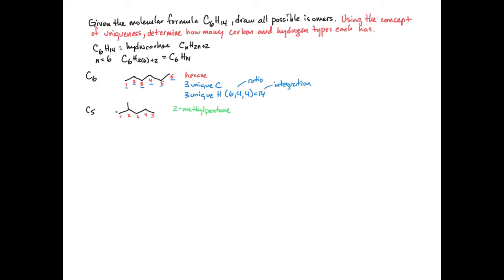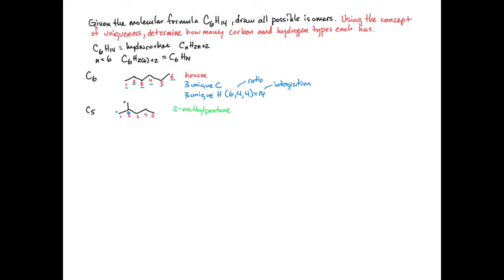So I'm just going to put a little dot there saying that's a unique carbon. We go to carbon 2. That just has a CH group connected to 3 different carbons, so let me put a little triangle there. That also bears a CH3 group, and you can see that that CH3 group is equivalent to the carbon at 1. So we can put a little dot there.